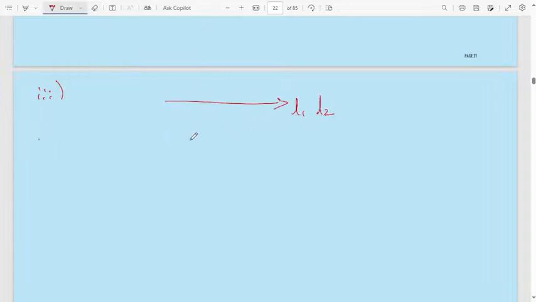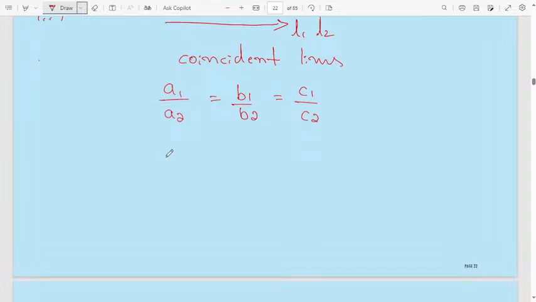For overlapping or coincident lines, the condition is A1 by A2 equals B1 by B2 equals C1 by C2. Then you will get many solutions.